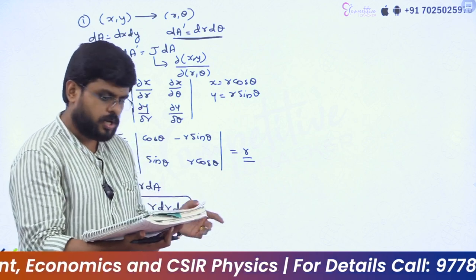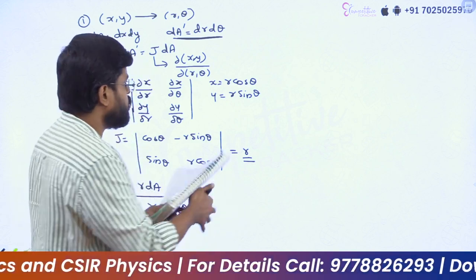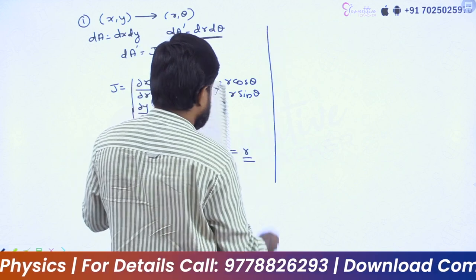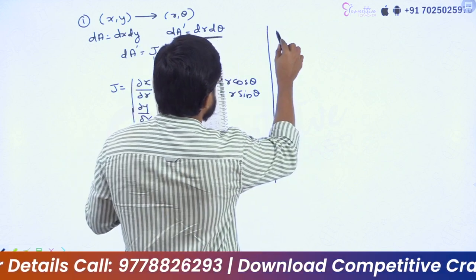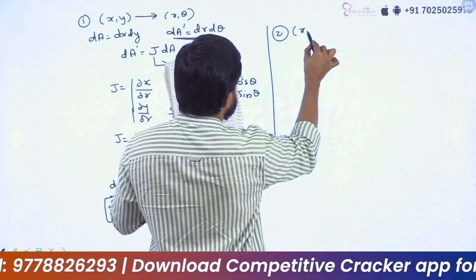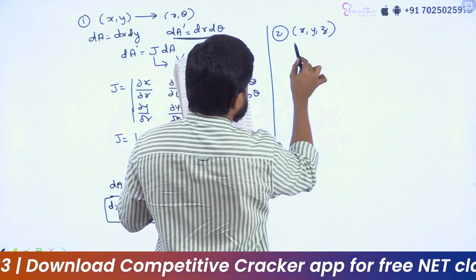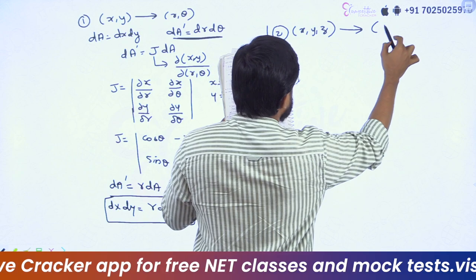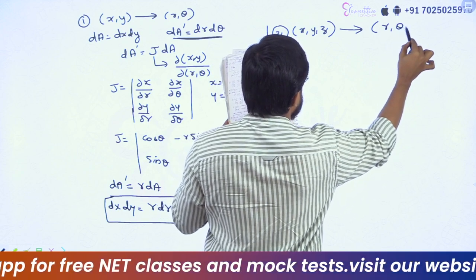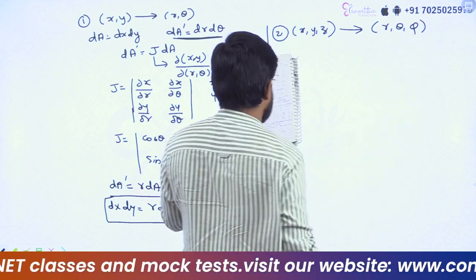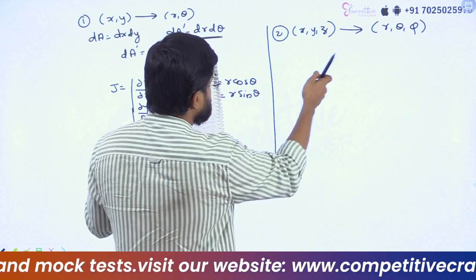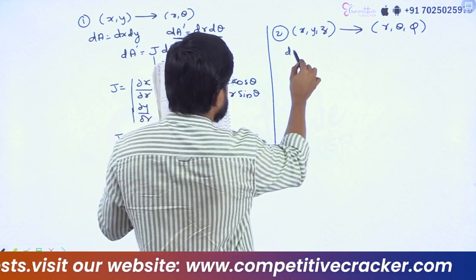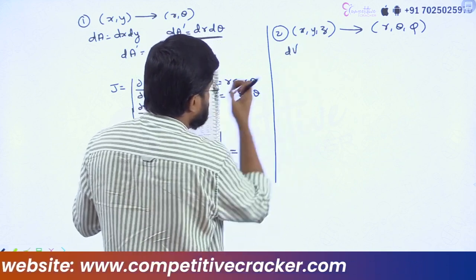Is it clear? Similarly, if you calculate the transformation from the Cartesian coordinate system to the spherical polar coordinate system r, theta, phi, here it is not area, it will be volume, since it is three-dimensional.